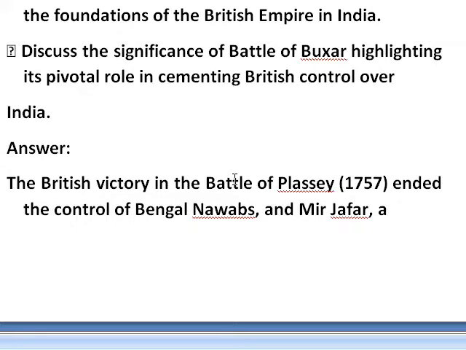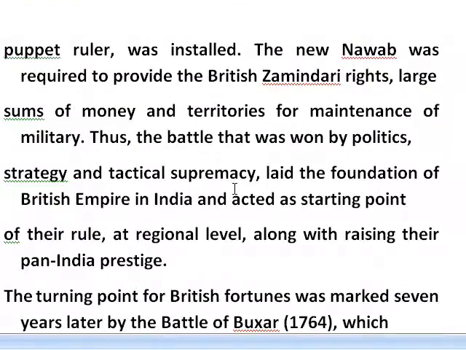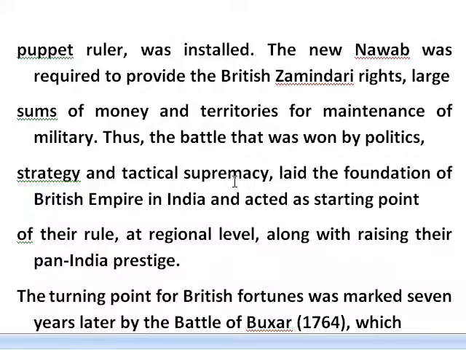Answer: the British victory in the Battle of Plassey in 1757 ended the control of the Bengal Nawab, and Mir Jafar, a puppet ruler, was installed. The new Nawab was required to provide the British zamindari rights, large sums of money and territories for maintenance of military.